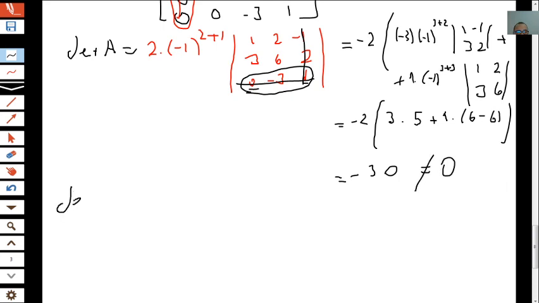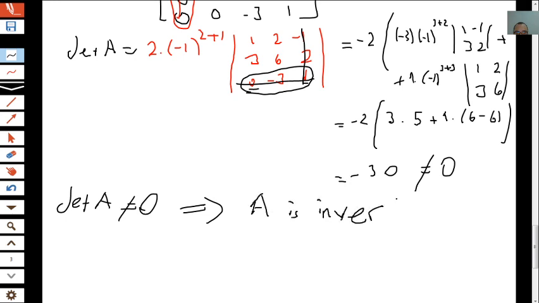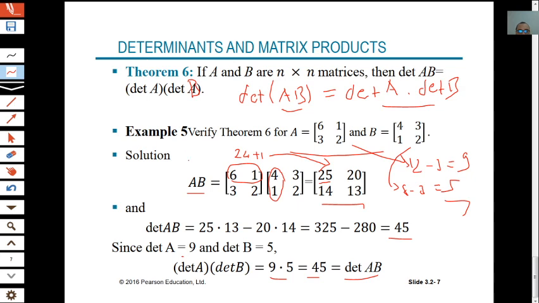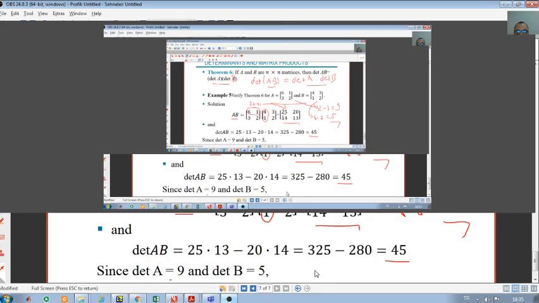Determinant is not equal to 0. So because of the theorem, A is invertible. Okay. So using theorem 6. Thank you very much for your listening.